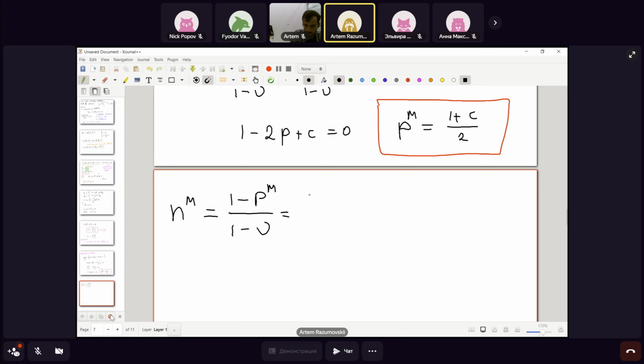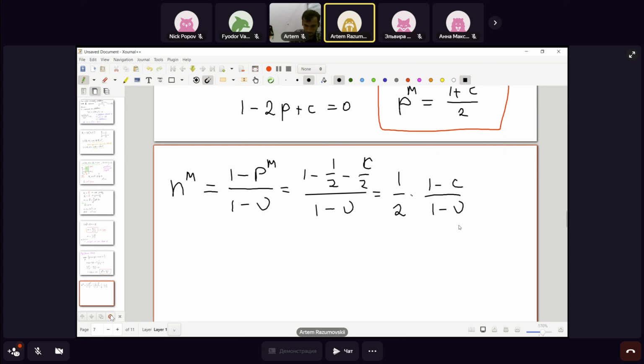So that will be 1 minus (1 plus C)/2, over (1 minus nu). So that's 1/2 multiplied by (1 minus C)/(1 minus nu).